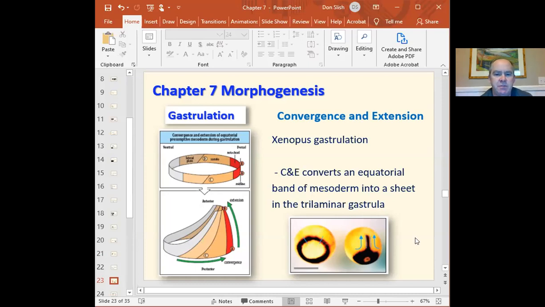And this is a beautiful picture down here too. This is brachyury, which you know is a mesoderm-specific transcription factor. So you can see it's a circle here in this mesoderm, and then it all gets sucked through the blastopore and it becomes a line. Convergence and extension.